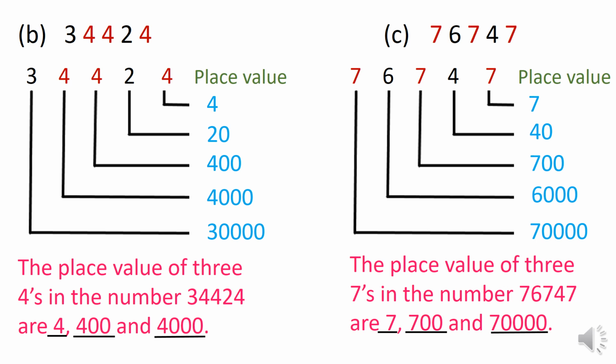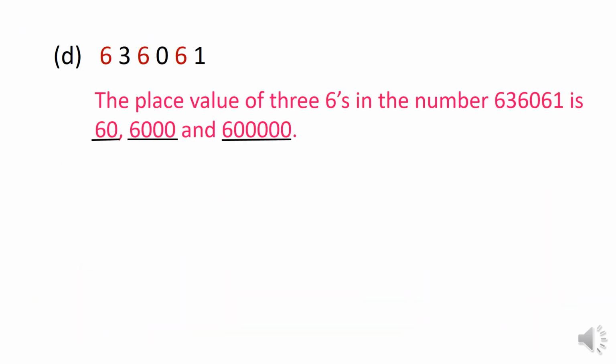So the place values of the three sevens in the number 76,747 are 7, 700 and 70,000. One question is remaining. Do that as homework. Now we are going to the next question.